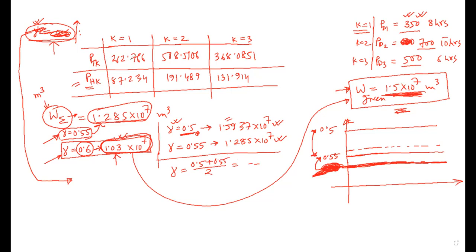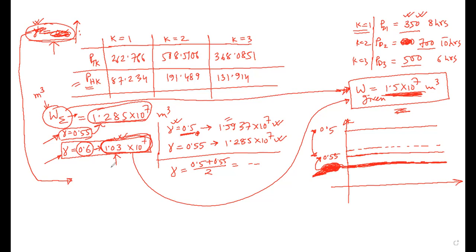We have to recalculate PTK, PHK, we have to recalculate W, and we have to see, with that gamma, what is the W value and what is the difference in error.